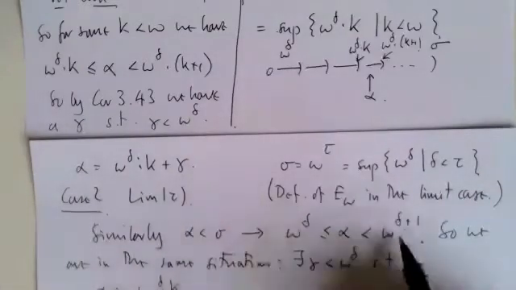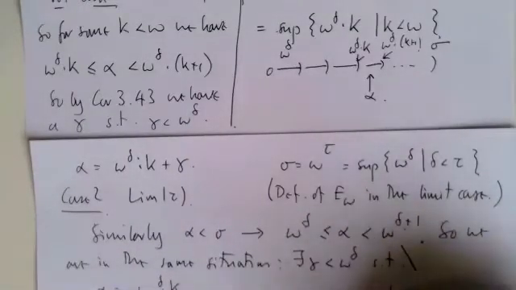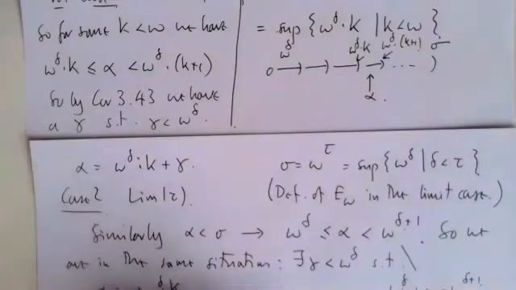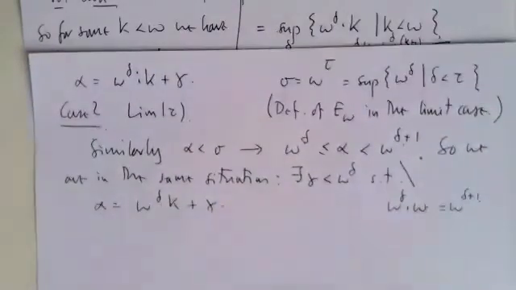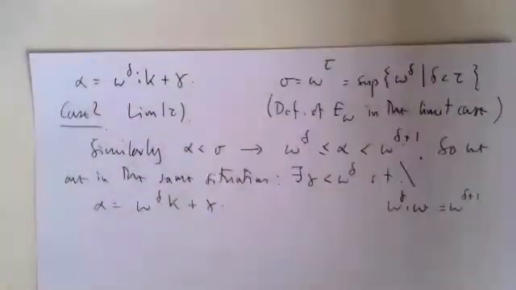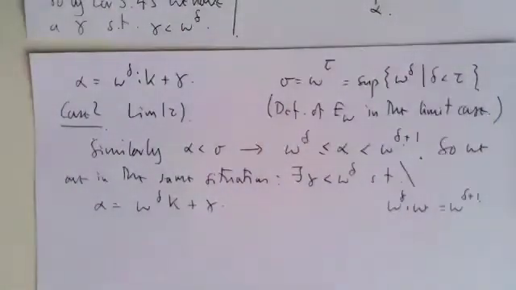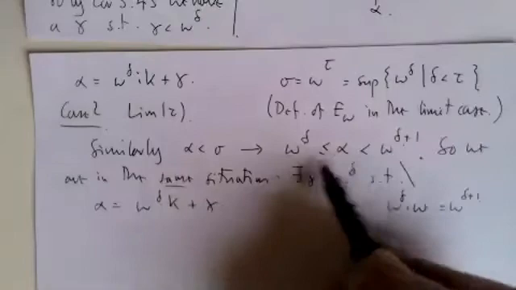Yeah, it's exactly the same as before, because here this is omega to the delta times omega, right? So I've got a k and I've got my gamma. Can you move the page up, please? Thank you. So it's exactly the same situation.